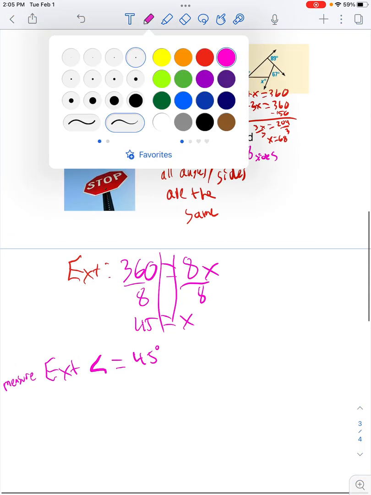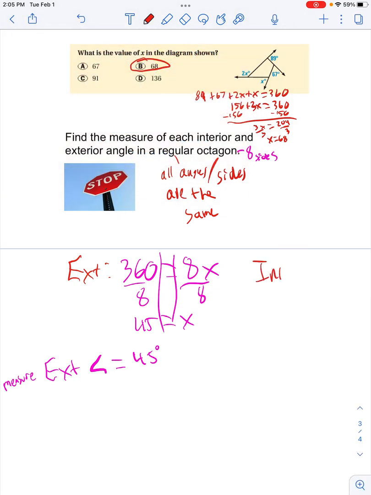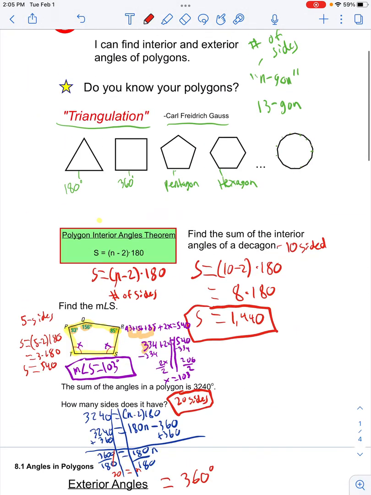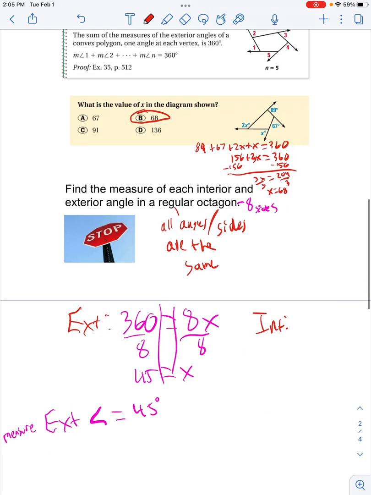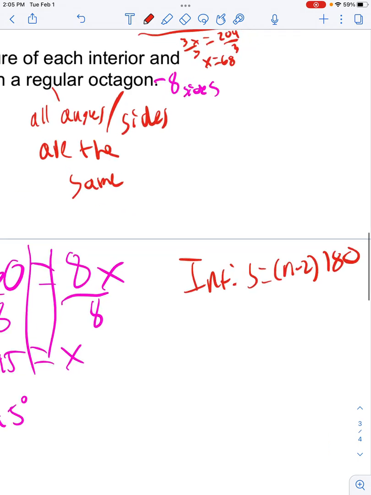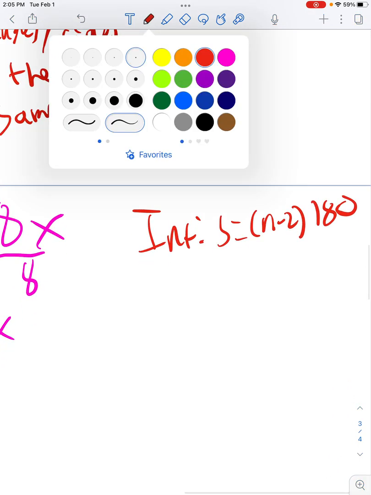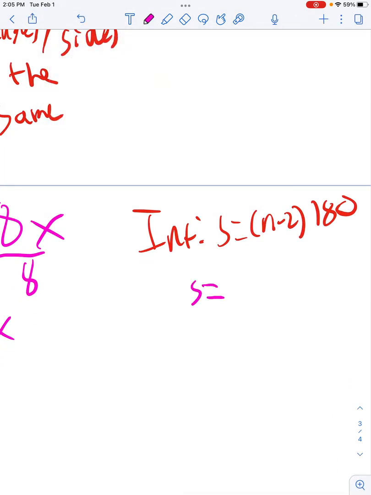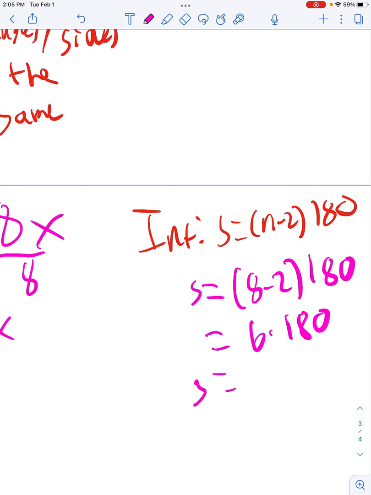If I wanted to find the interior, I'm going to use my formula. S equals n minus 2 times 180. I know the number of sides is 8, so S equals 8 minus 2 times 180, 6 times 180. S equals 1,080.